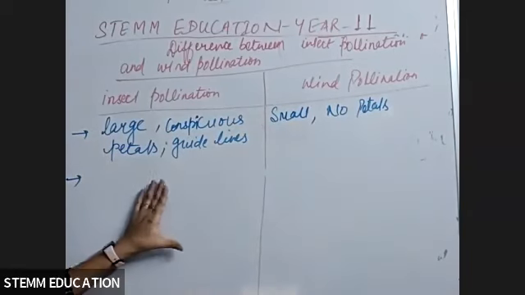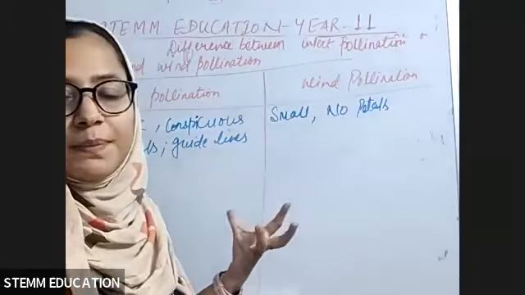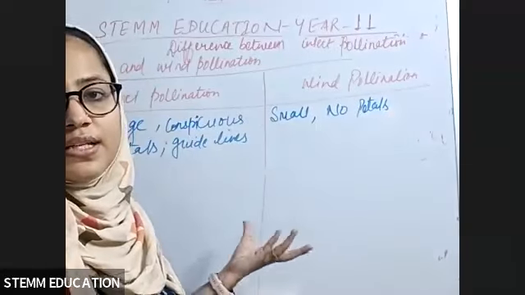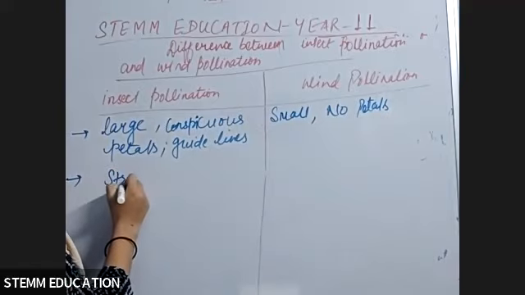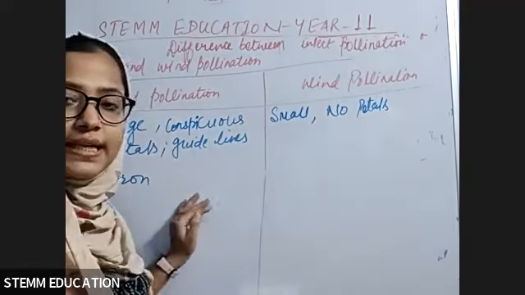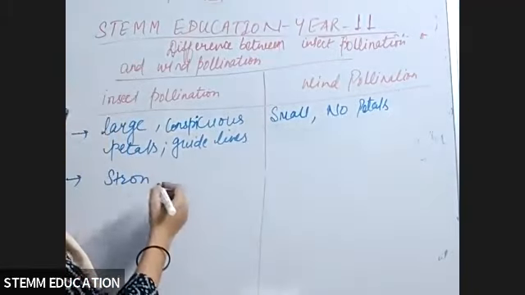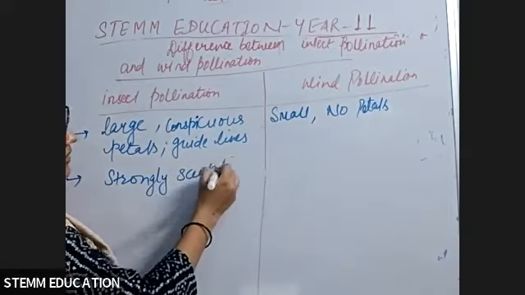Insect pollination only happens when the flowering plant has strongly scented flowers, so that it can attract the insects.